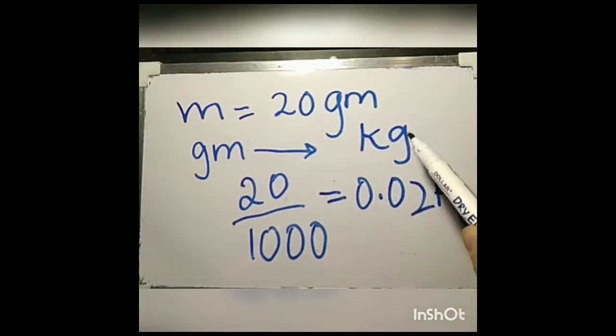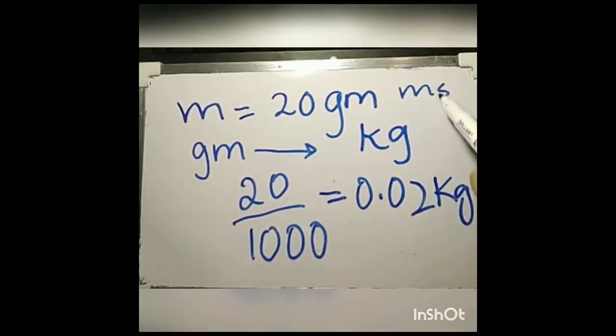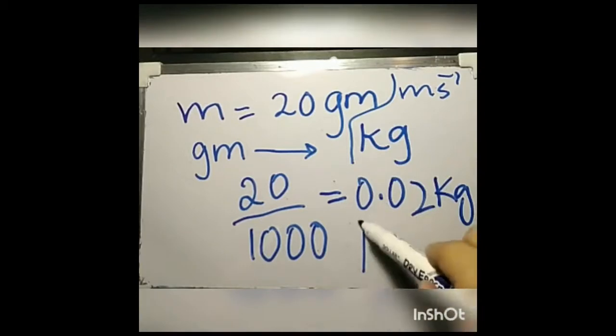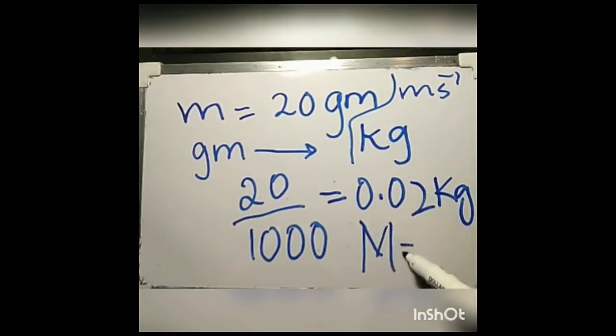If we are using kilogram, then we have to use meter per second for the velocity. And if you see, the mass of the gun is also given in kgs, which is 5 kgs.